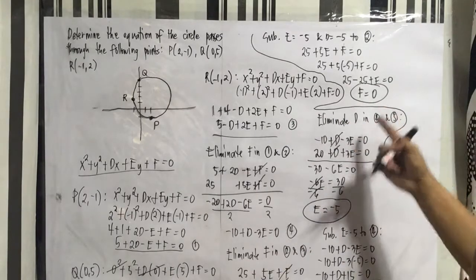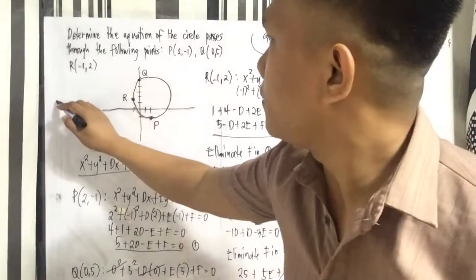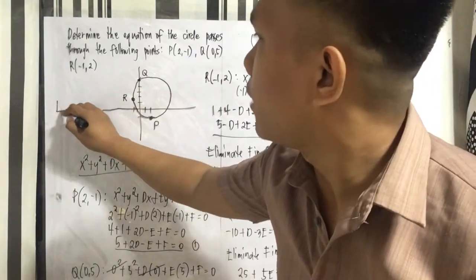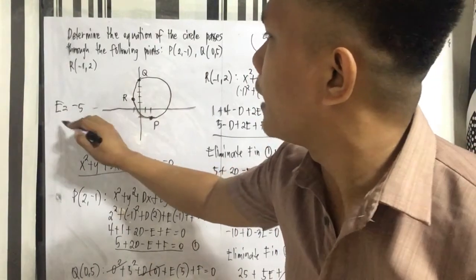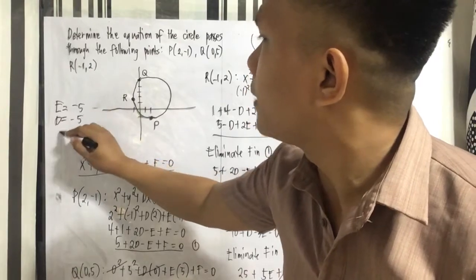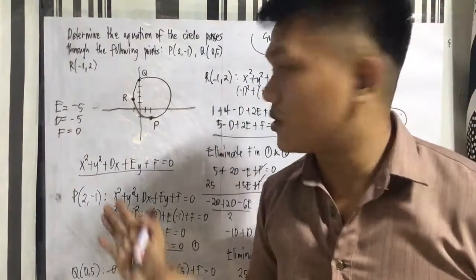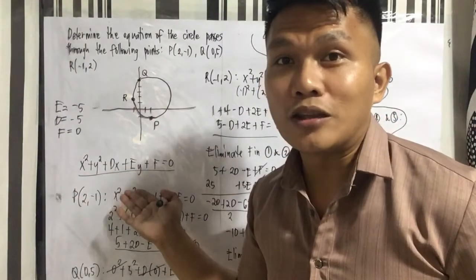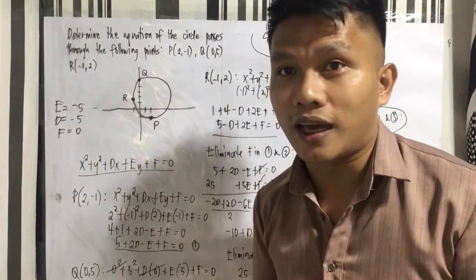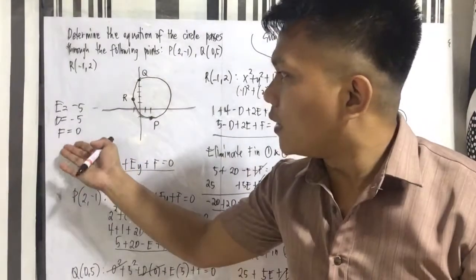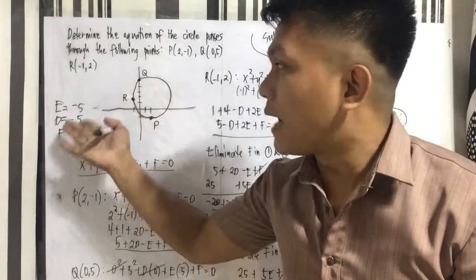So our e is equal to negative 5, our d is negative 5, and our f is equal to 0. We can now change our general form into the general equation of the circle using our values.